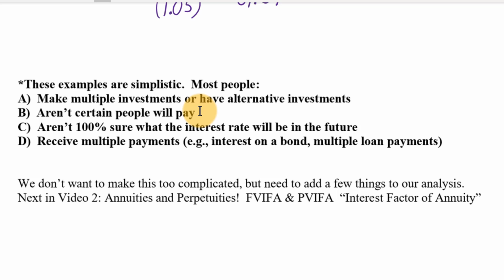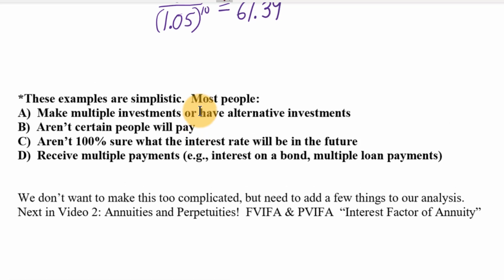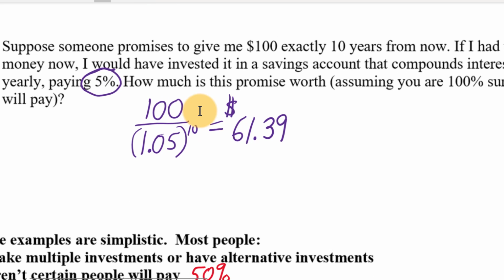Turns out that's a fairly easy thing to take into account. For example, let's suppose that we only think there's a 50% chance that this person will pay up in the future. There's an easy way to handle that. The present value would be half of what it is if we were certain they were going to pay, right? Pretty easy to do. So that would be $30-something in that case.